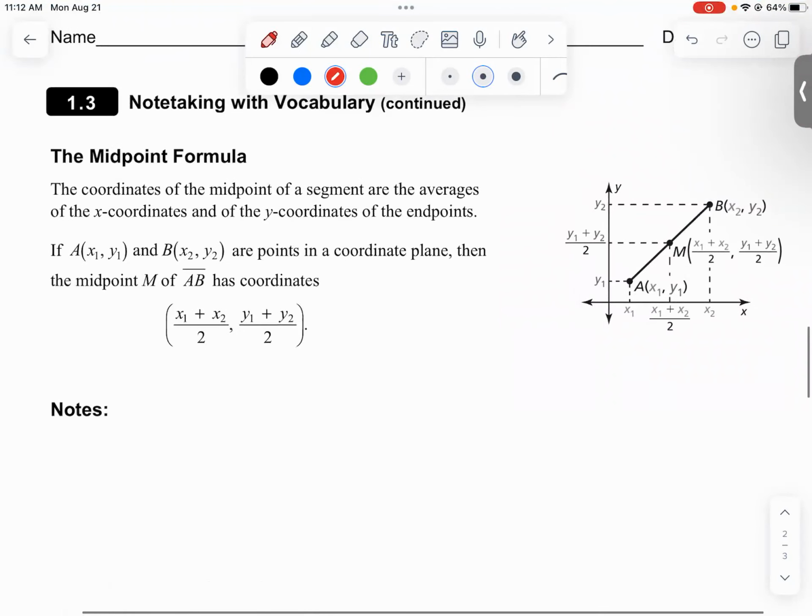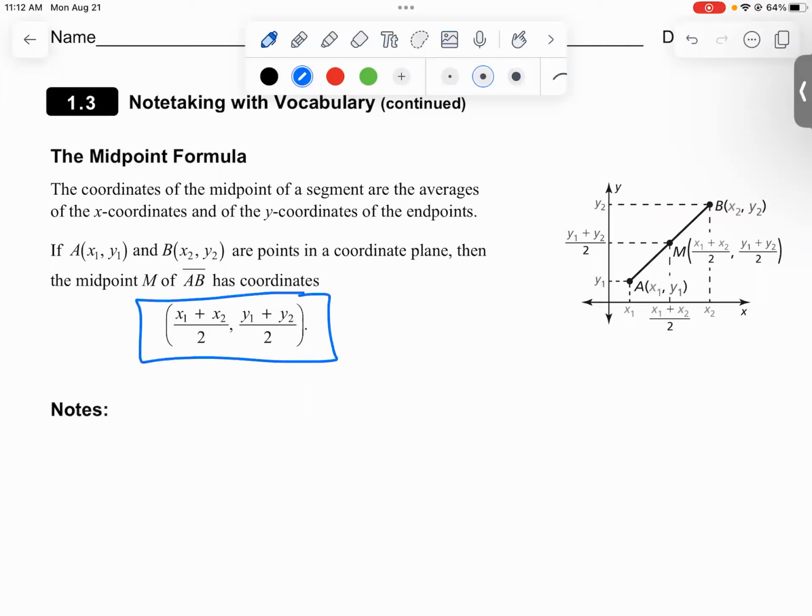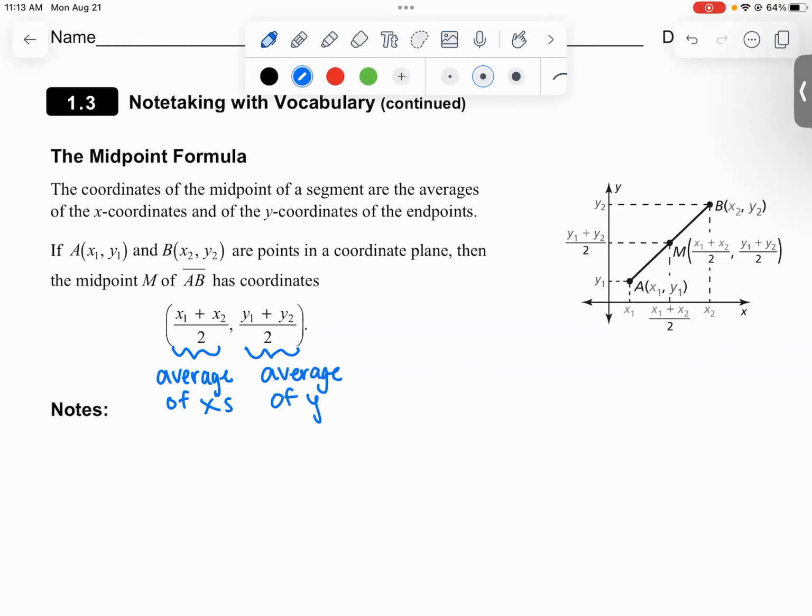Okay, the midpoint formula. So we just talked about segments, and we talked about midpoints of a segment. Well, if we are in the coordinate plane, this is how we find a midpoint. We are going to take the average of the x's and the average of the y's in order to determine what our midpoint is.